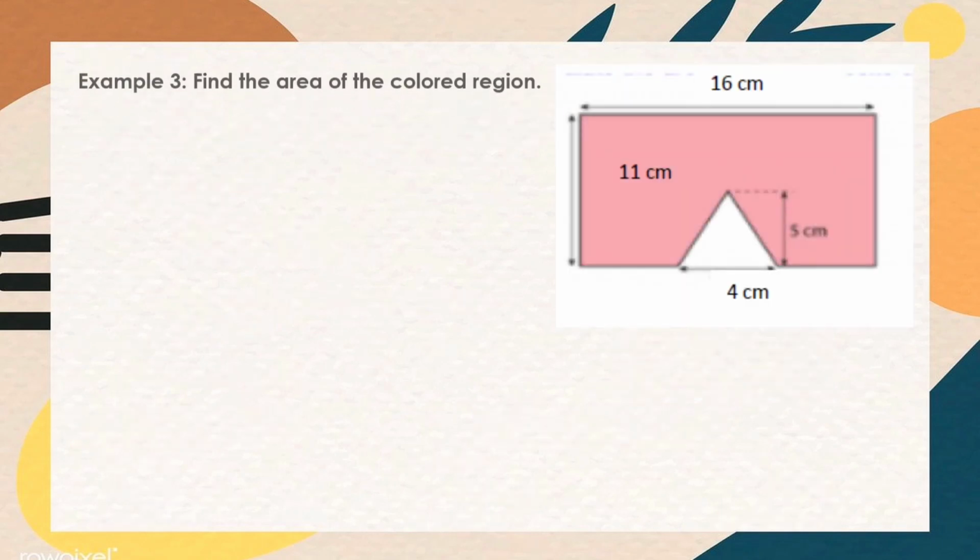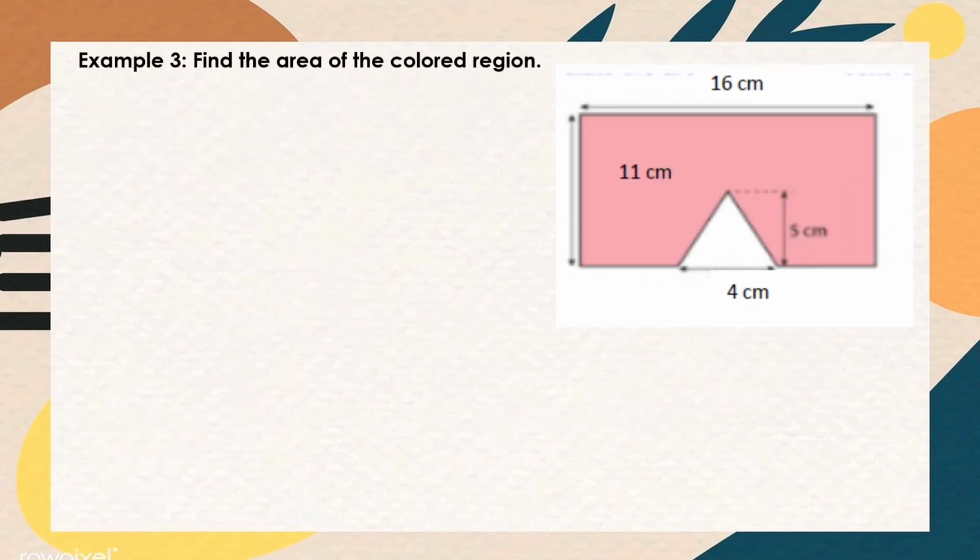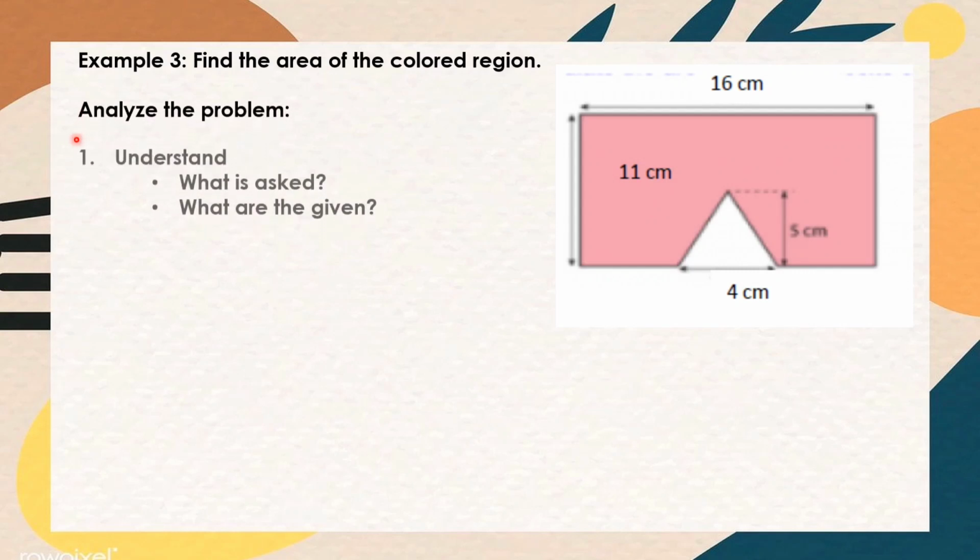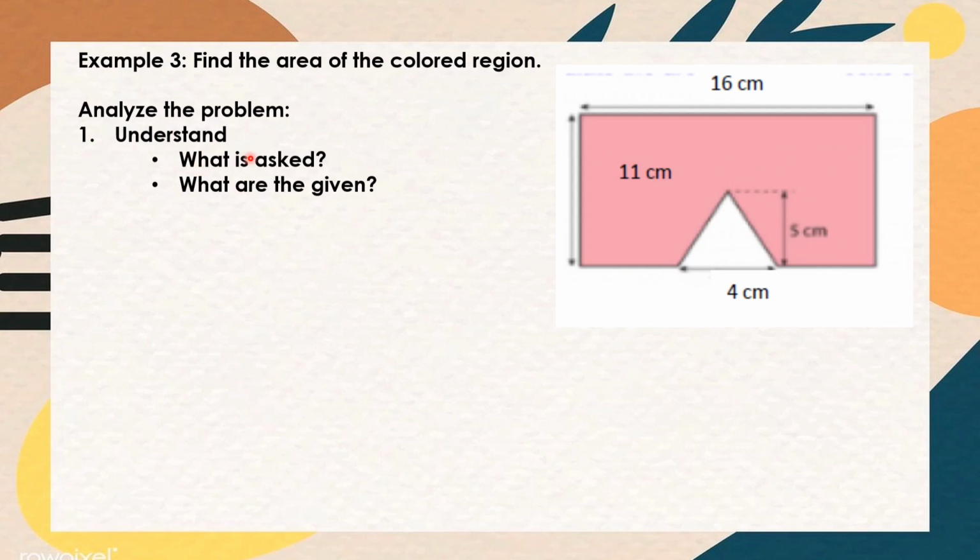Let's have example number 3, and that is to find the area of the colored region. The colored region here is in pink color. So we're going to get that. What are again the steps in solving the problem? Step 1 is to understand. What is being asked here? We are going to get the area of the colored region.